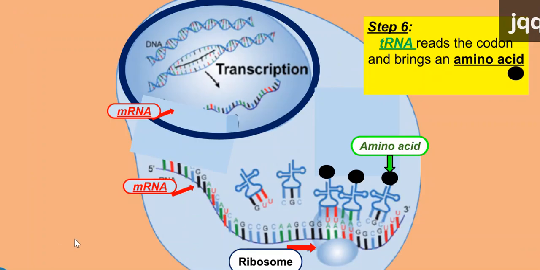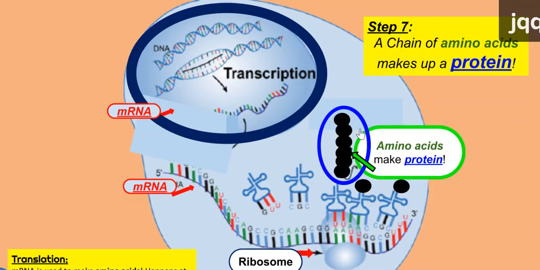If you can think back to Unit 2 when we talked about macromolecules, amino acids are the monomers, or the building blocks, of protein. So as it starts translating 3 at a time, 1 codon at a time, it stacks these amino acids on top of each other to make a chain of amino acids, which is a protein.